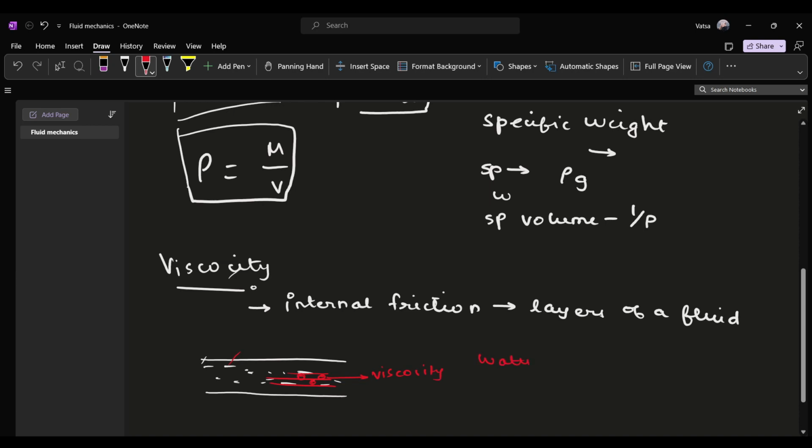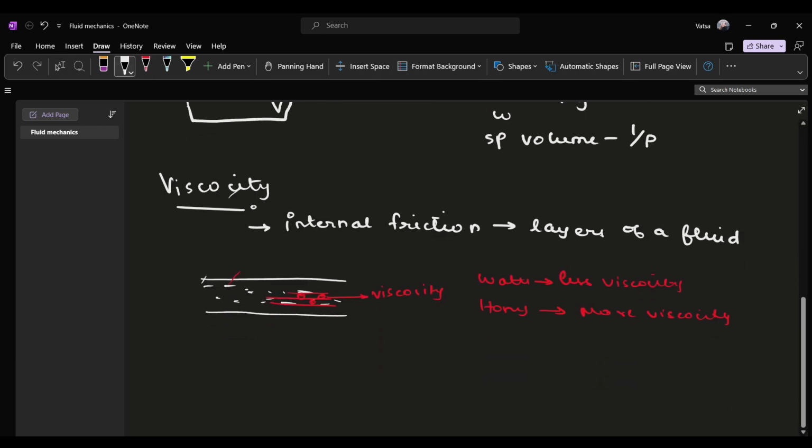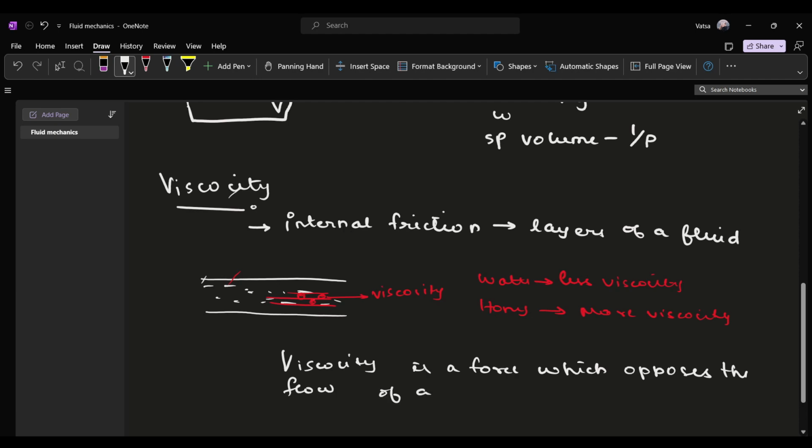Water has very less viscosity, while honey has more viscosity. In general, viscosity is a force which opposes the flow of a fluid.